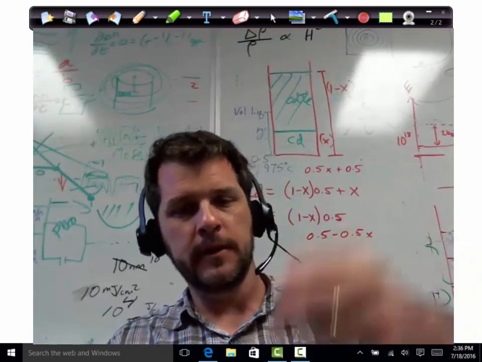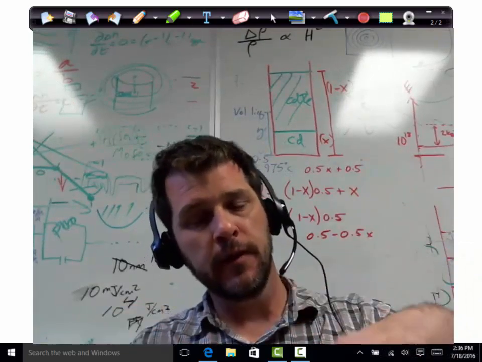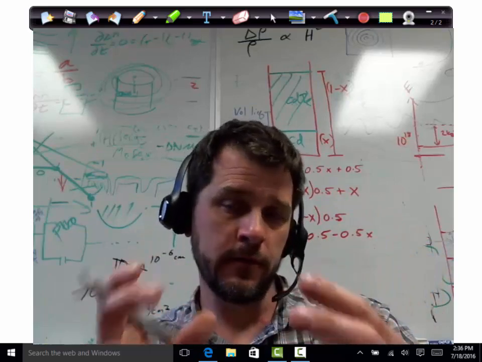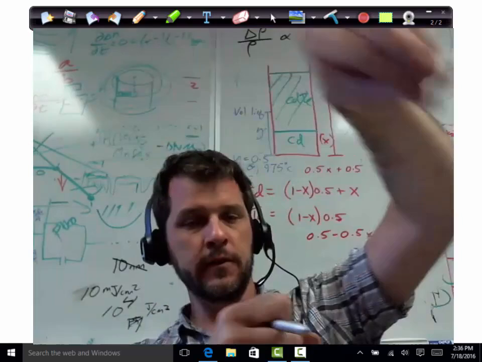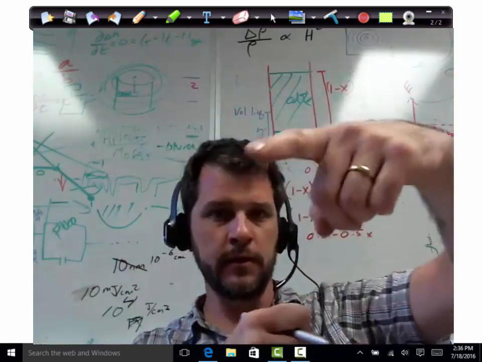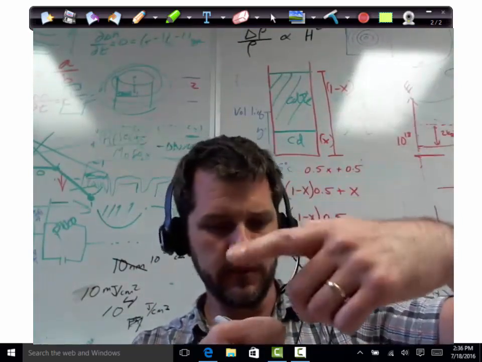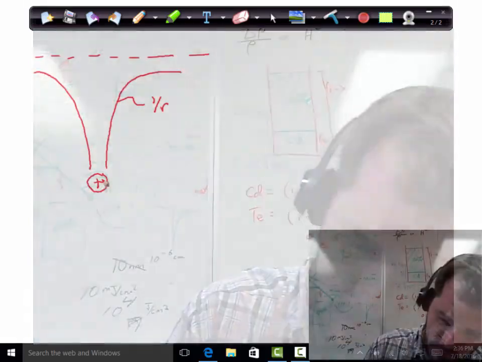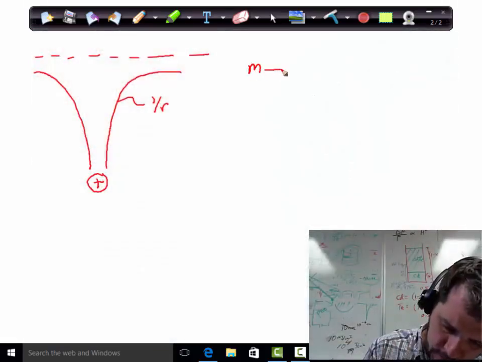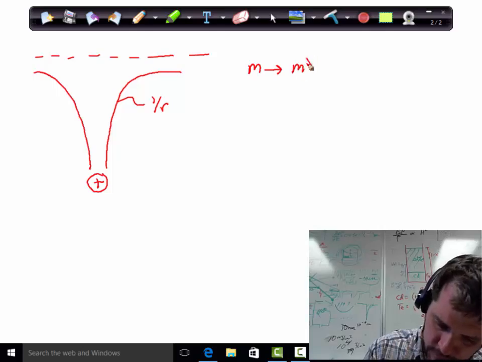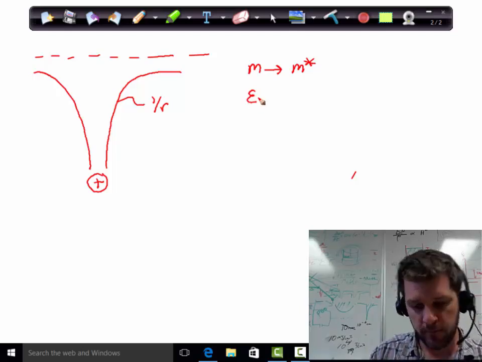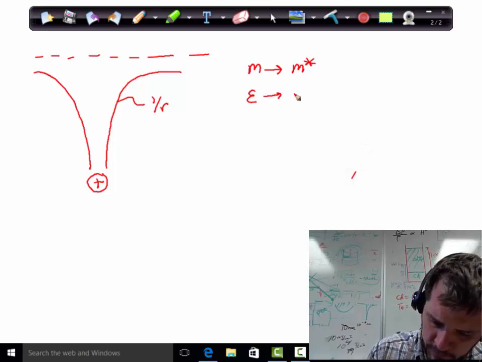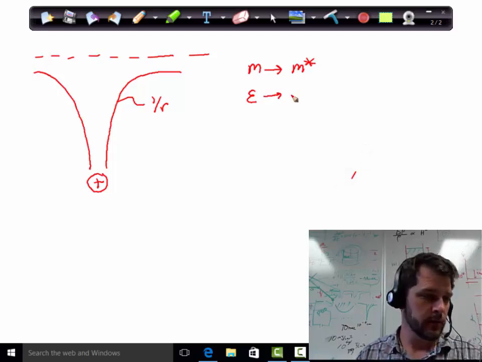If you take out silicon and you replace it with phosphorus, you've added one more proton in the nucleus, and then you've also added this extra electron, and that electron will circulate around that proton, attracted by the electrostatic or Coulomb force. The only differences being that the mass of the electron should be given by m star, and the dielectric constant is not 1 as it is in vacuum, but instead it's something like 11 for silicon.